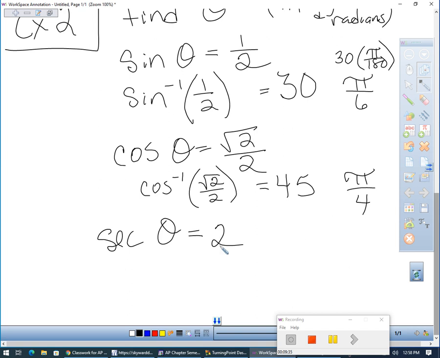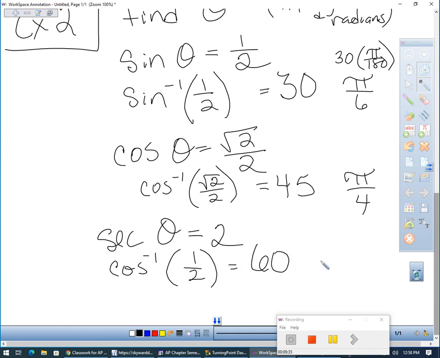All right, so here's what I want to tell you. We talked about those ratios. What's special about the secant ratio and the cosine ratio? They're inverses, right? So I can really do the cosine of -1 of 1/2. Cosine of 1/2? 60 degrees.